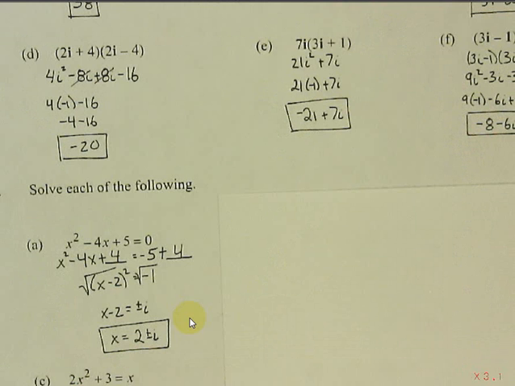All right, so the second part of this question will be asking you to solve a quadratic equation that will result in having complex solutions. So we have x squared minus 4x plus 5 equals 0. Notice we have a quadratic. So you have your choice actually here of using quadratic formula or completing the square.